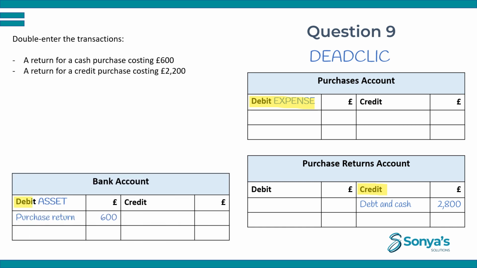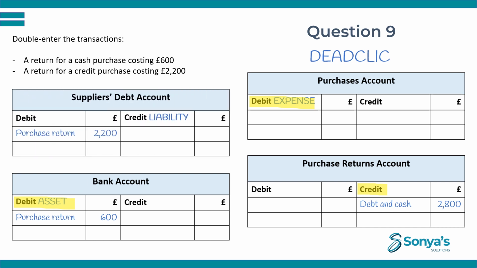The refund is debited to the bank account to increase the bank balance, the asset of cash. The invoice, the liability, is on the credit side of the supplier's debt account. It needs removing with a debit entry. Finally, did you check that the entries balance?